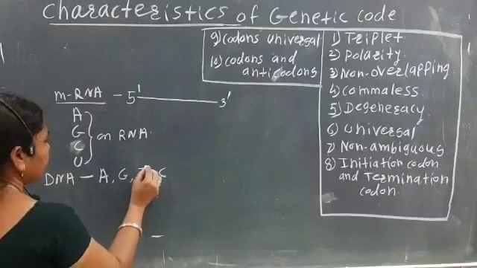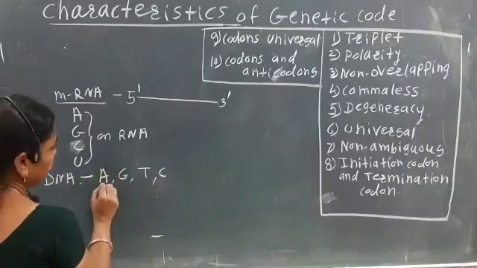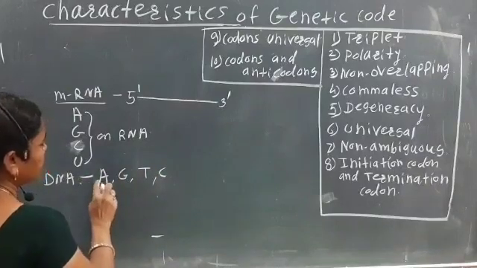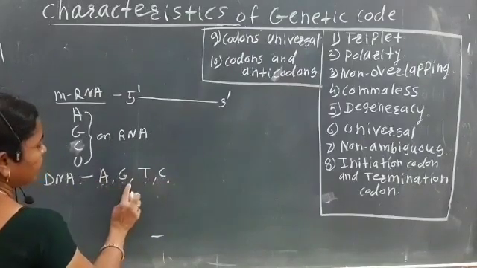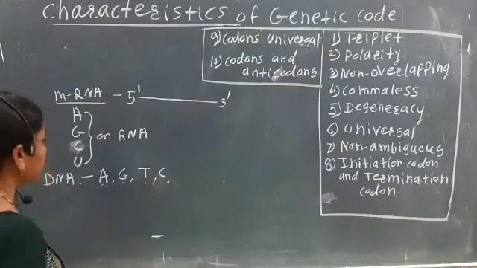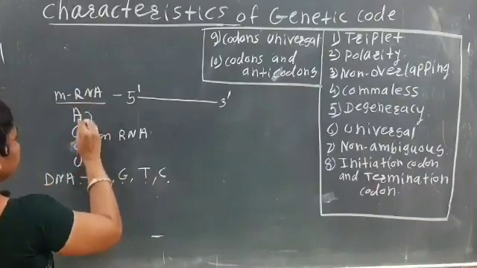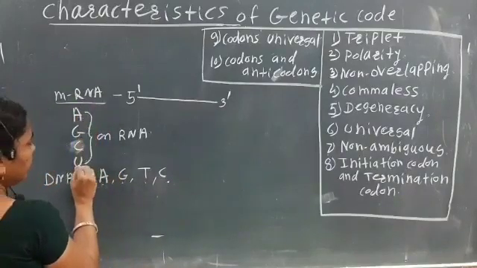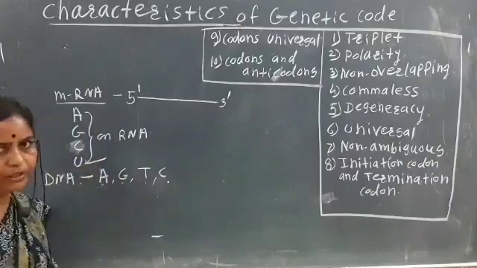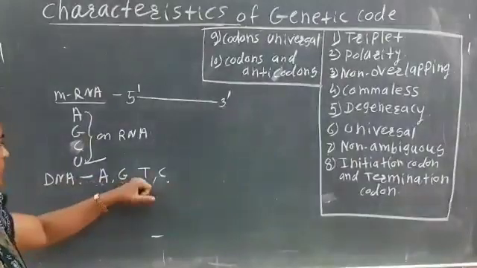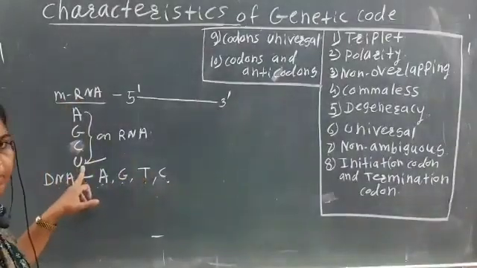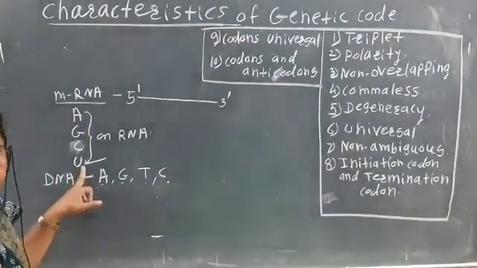In the DNA, the genetic code is read based on these 4 nucleotides: adenine, guanine, thymine and cytosine. While in RNA, adenine, guanine, cytosine and uracil are there. In the DNA, thymine is present; in RNA, thymine is replaced by uracil.